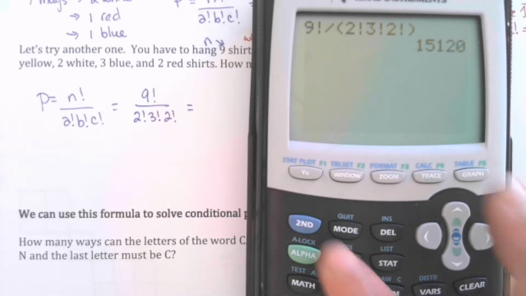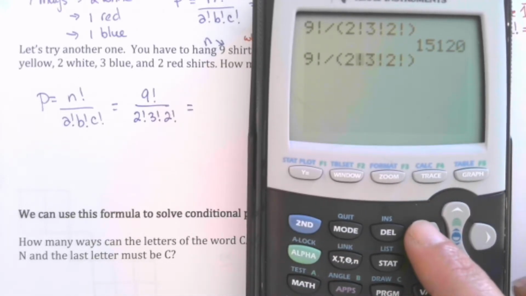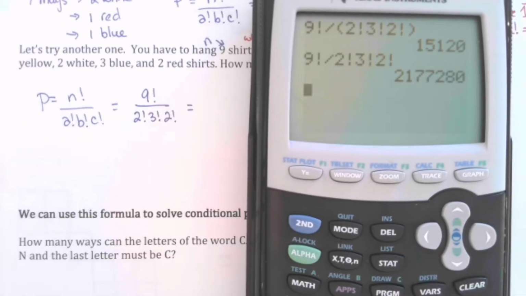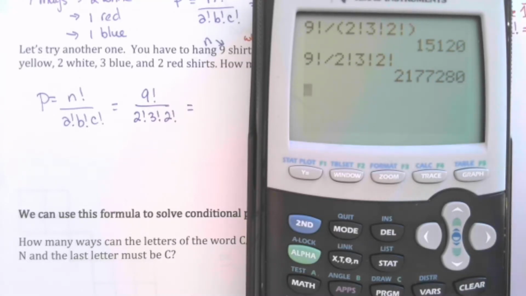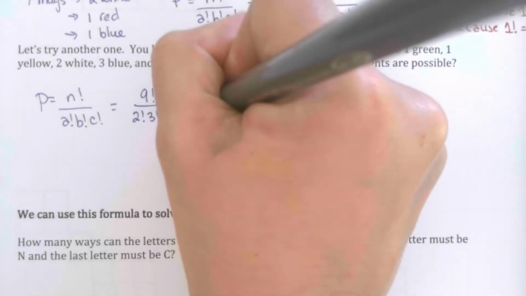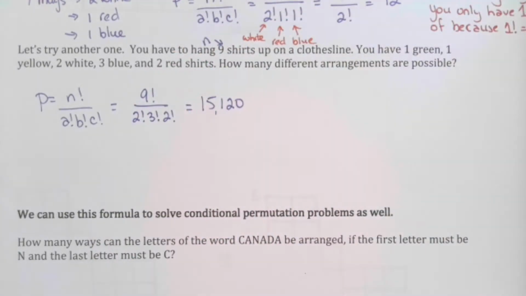If you don't put the brackets in there, you're going to get a totally different answer. Because what this does is it does the 9 divided by the 2, then it treats the 3 and the 2 after that as if they were up on top of the fraction. So make sure you put brackets in. Okay, so there's 15,120 different arrangements.